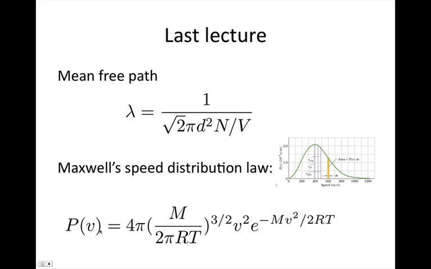We saw that the probability of a particle having a particular speed v is given by 4 pi, times m, where this is the molar mass in kilograms per mole, over 2 pi RT to the 3 on 2, times v squared, where v is the velocity, times e to the minus m v squared over 2RT. We could use this and integrate it to end up with our root mean squared velocity as well as our average velocity, and we could also use it to work out the most probable velocity for a molecule to have.